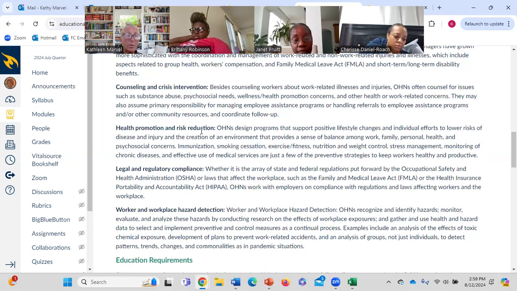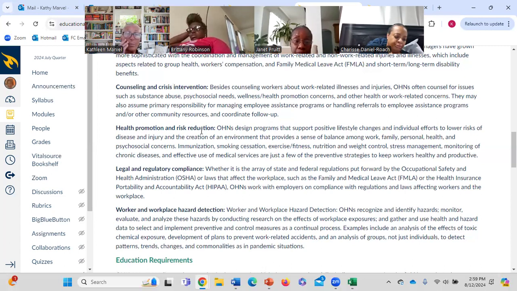OSHA stands for Occupational Safety and Health Administration. They are the enforcers. If something goes down in your workplace that's related to environmental issues, whether it's patient falls, an unexpected death in the OR, or readmissions above normal, OSHA will come in and look at your compliance.